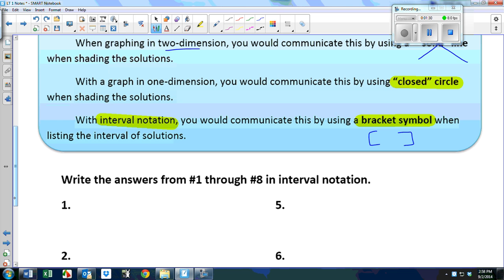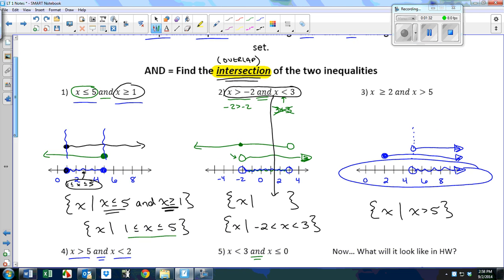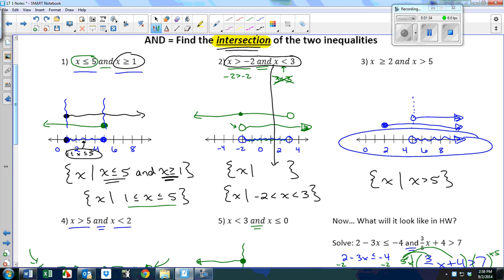So let's go back to question number 1 and look at its answer and put it in union / interval notation. It's kind of messy, but the original answer was shading 1 to 5. You read a graph like you read a book, from left to right. So the shading starts at 1, stops at 5, and they were included.